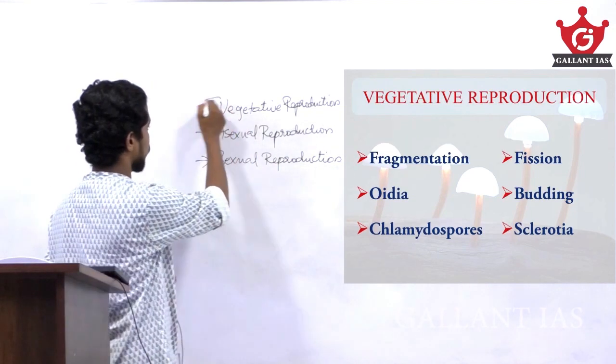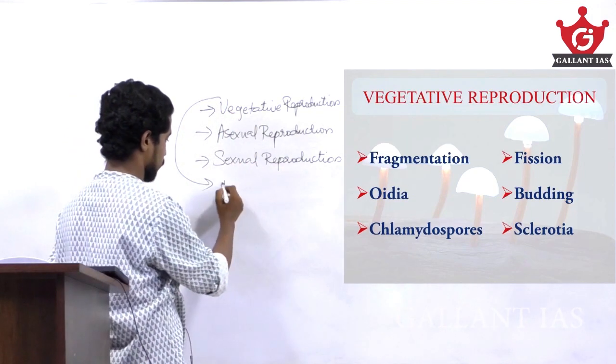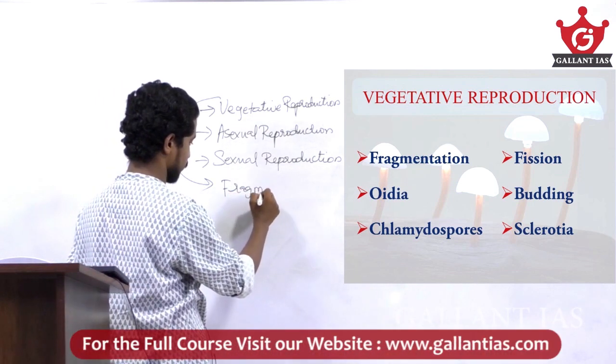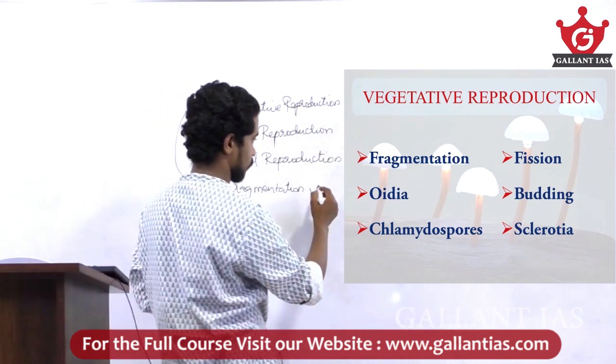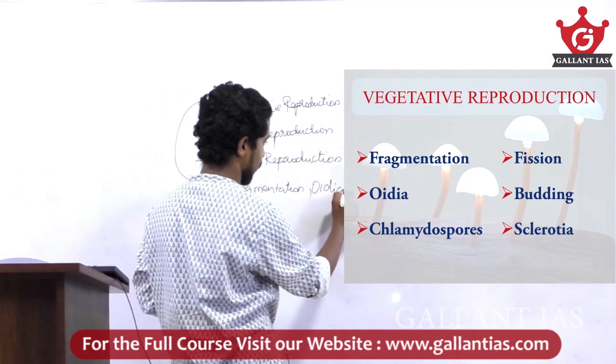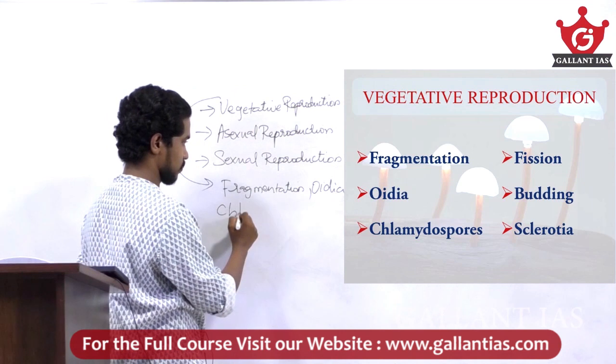Under vegetative reproduction, you have to know about fragmentation, oidia, chlamydospores.